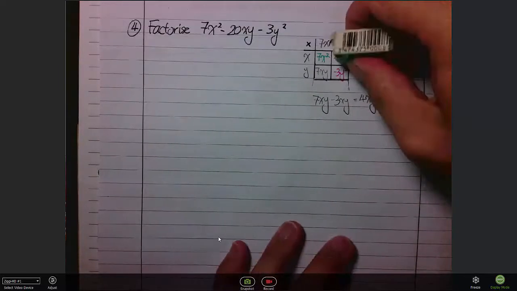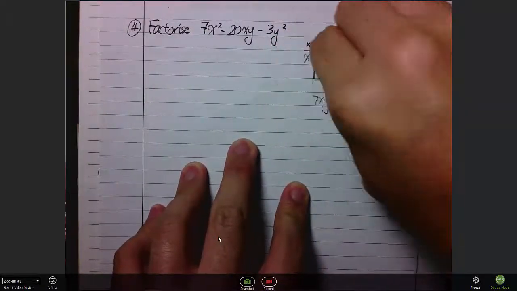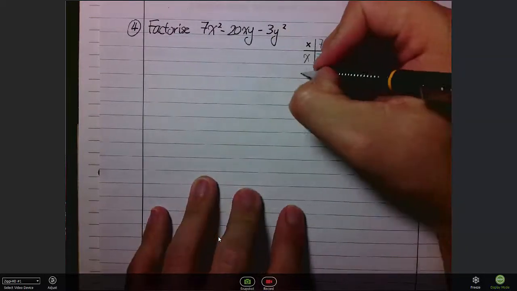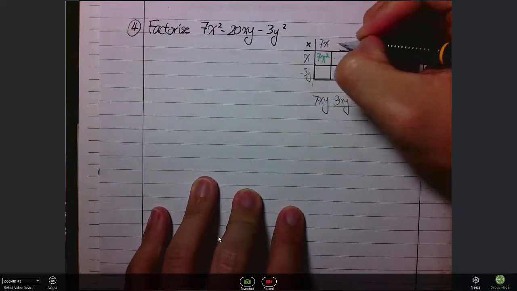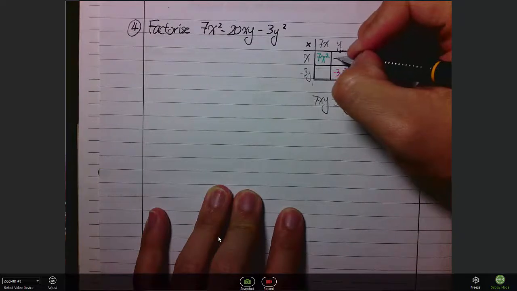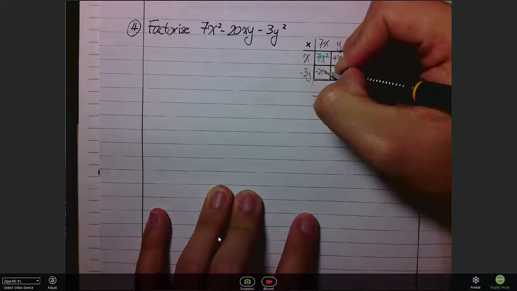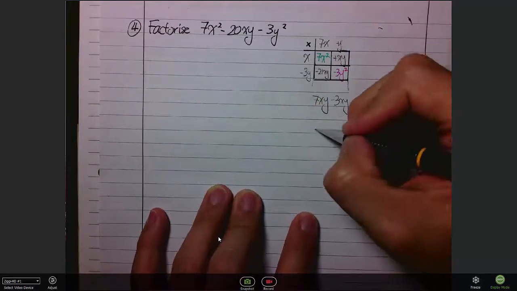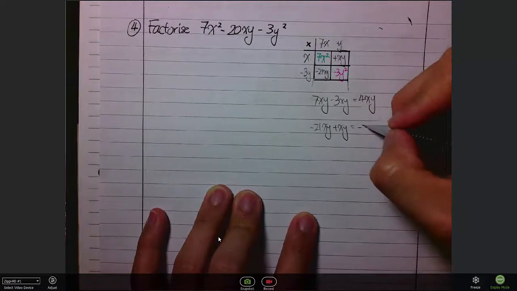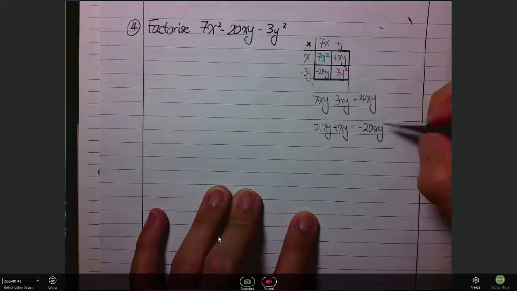So I erase this portion here. Now what I can try is to put it the other way: negative 3y here and y here. We try again. This times this gives me positive xy. This times this gives me negative 21xy. I have a good feeling about this. Negative 21xy plus xy equals negative 20xy.